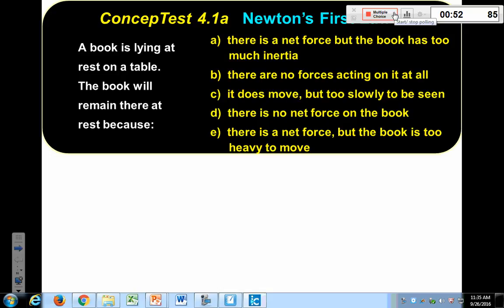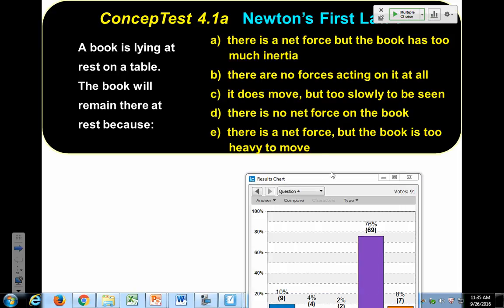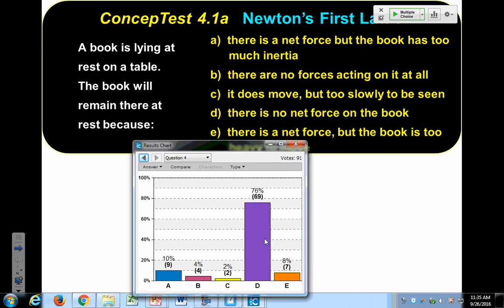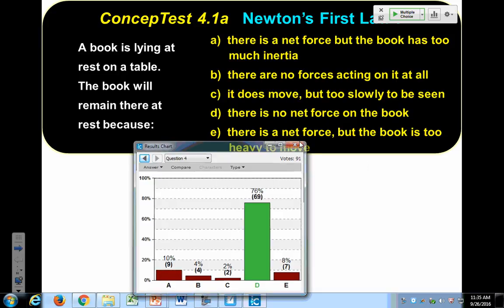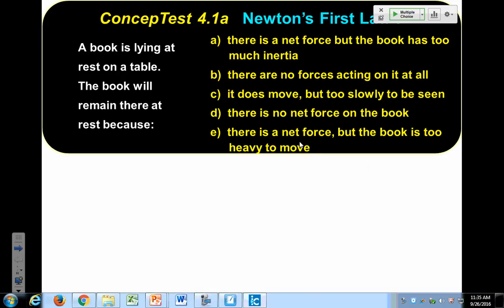All right, just a few more seconds. I'll stop at 58. Okay, let's see. D is right. The book will remain there at rest because there's no net force. You can think of this in terms of the first law or the second law.